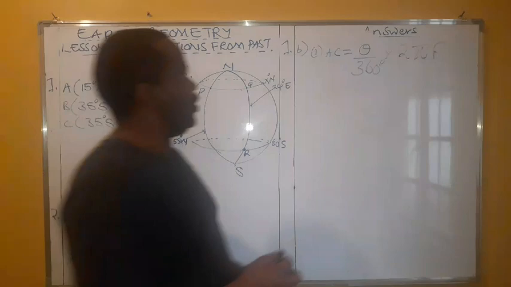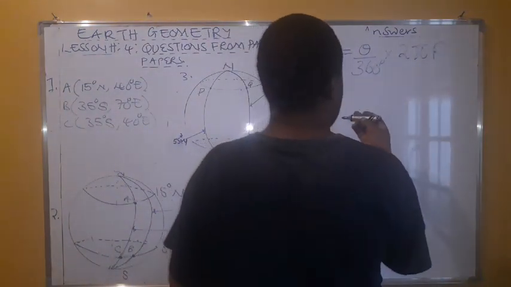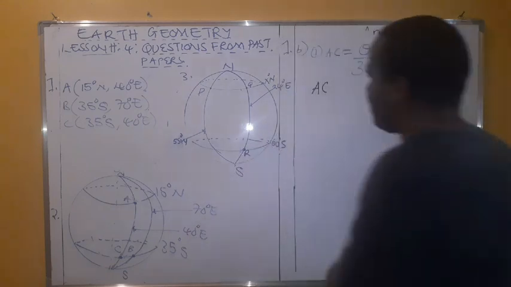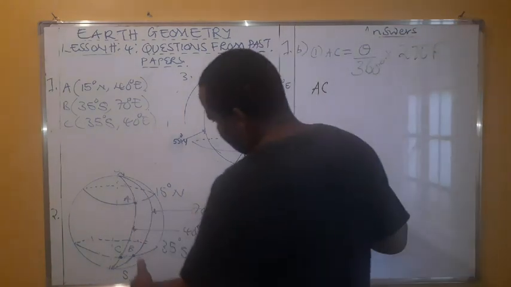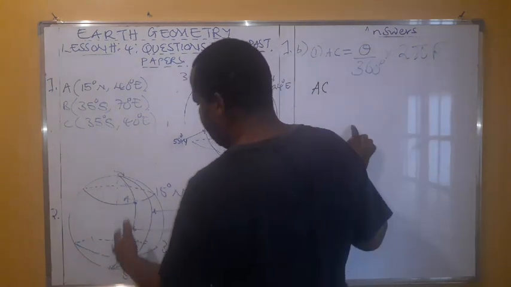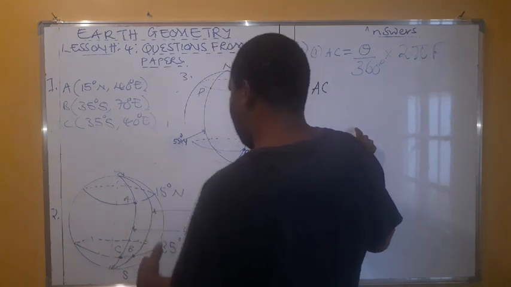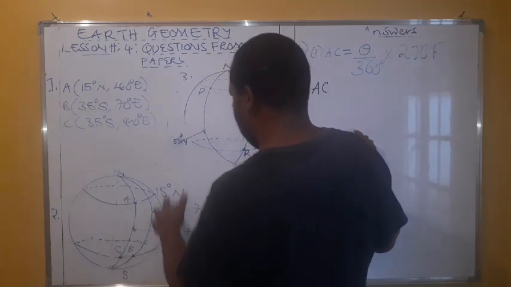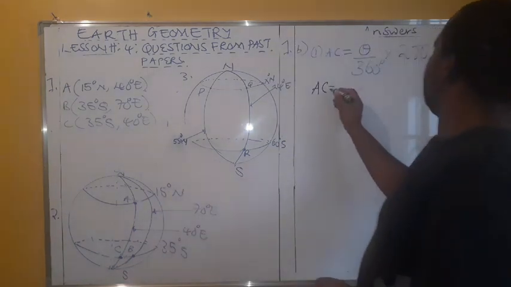So now AC is equal to, look at A and C. They share the same longitude, meaning that the angular difference is the difference in latitude. So this is 15 degrees north, and that is 35 degrees south. So the difference here is 35 plus 15, which is 50.